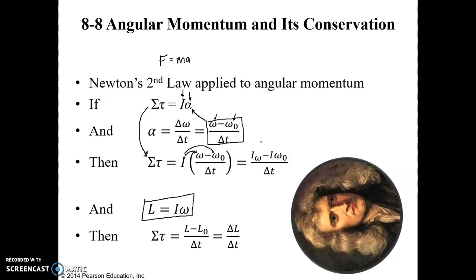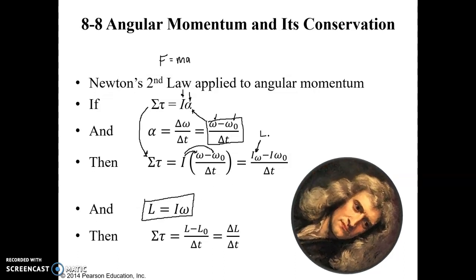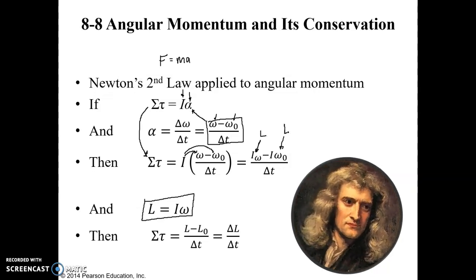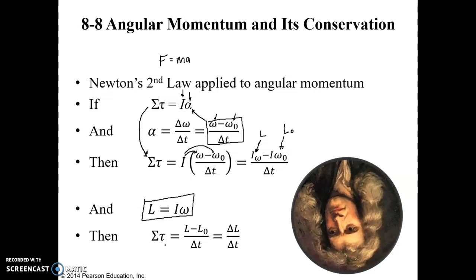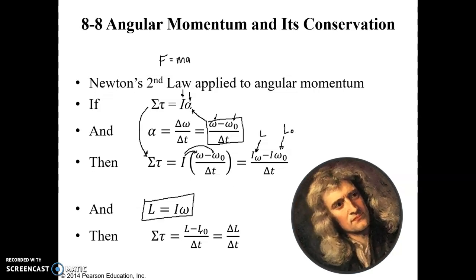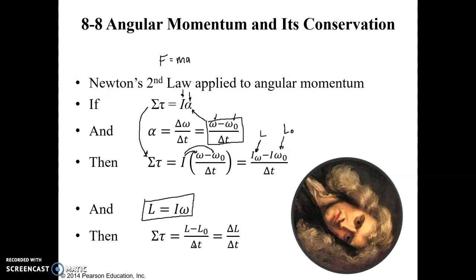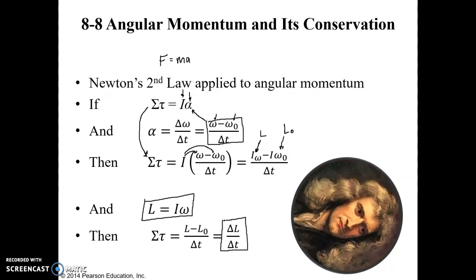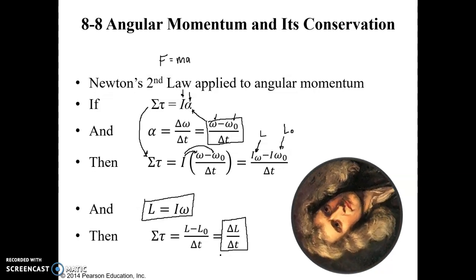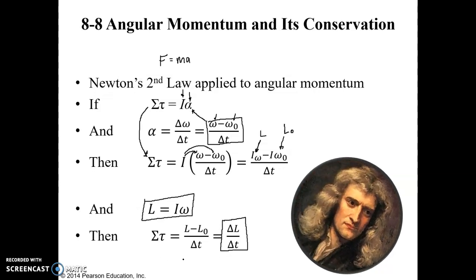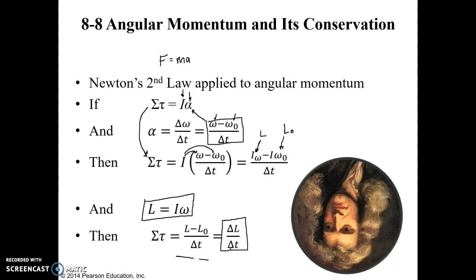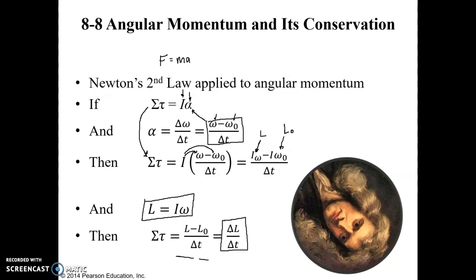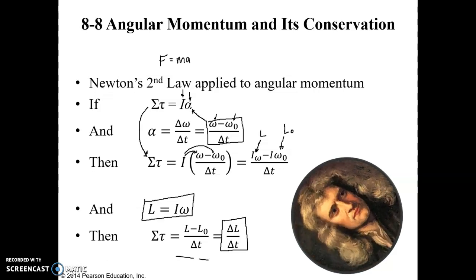So this is the final momentum, and this is the initial momentum. The sum of torque is equal to L minus L naught over delta t, or simply written as delta L over delta t. So this is essentially Newton's second law of motion written in terms of momentum.